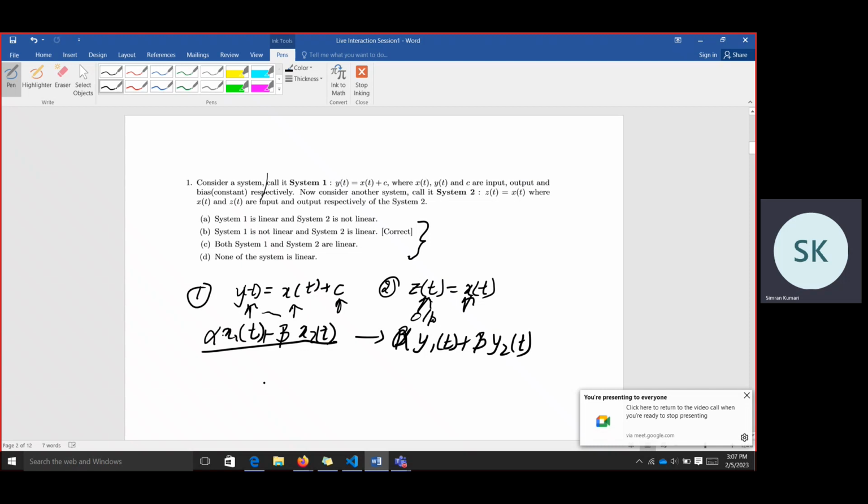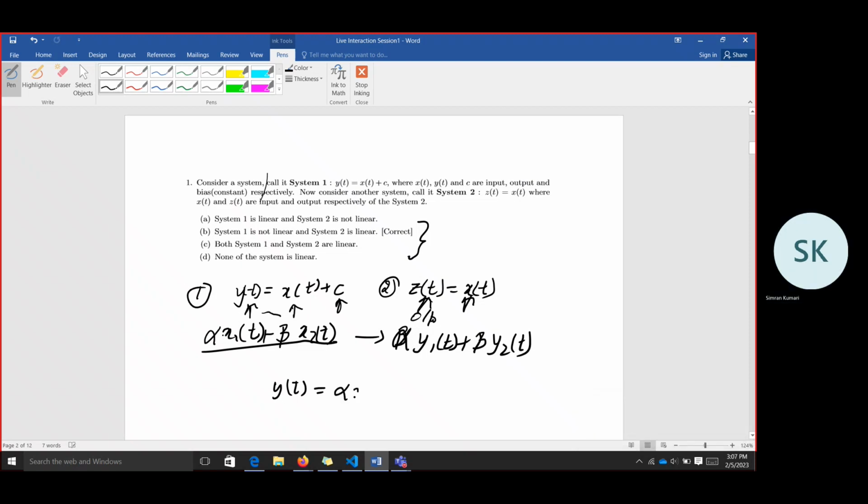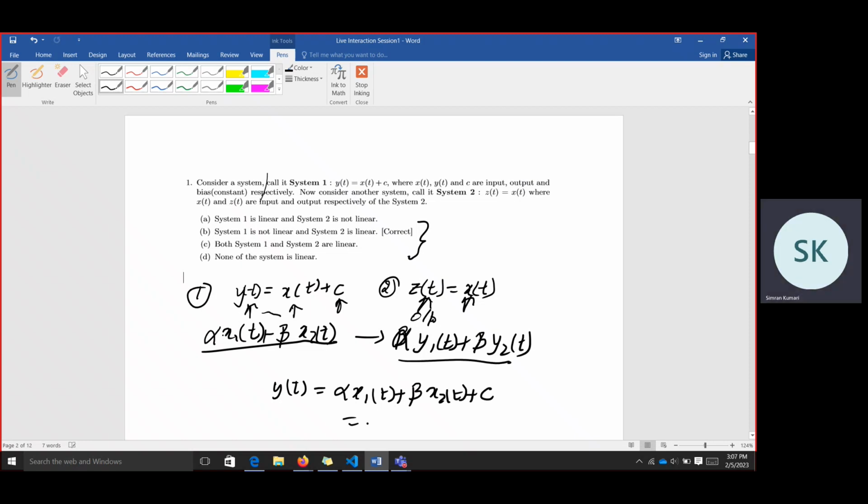Now for the first system, if we apply this, what will be the output? The output will be alpha x1(t) plus beta x2(t) plus c. And the expected one is alpha x1(t) plus c plus beta x2(t) plus c.